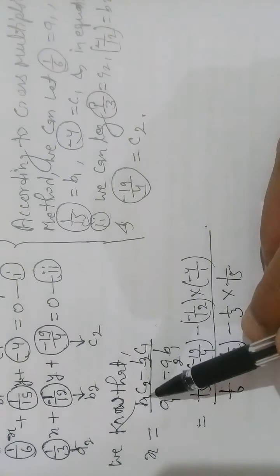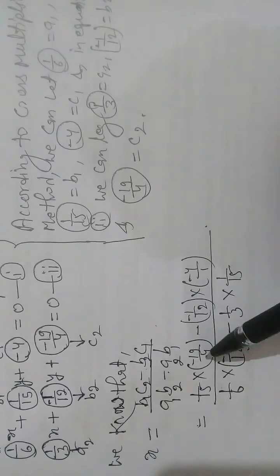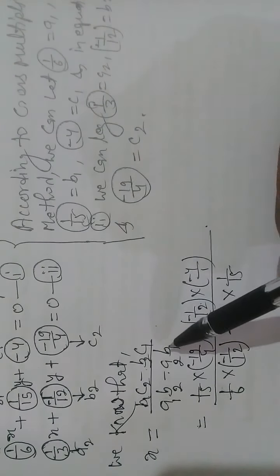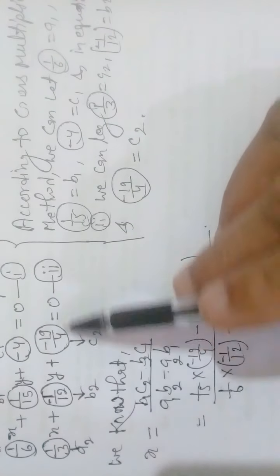These are the respective values of b1, c2, b2, c1, a1, b2, b1 from equations 1 and 2.